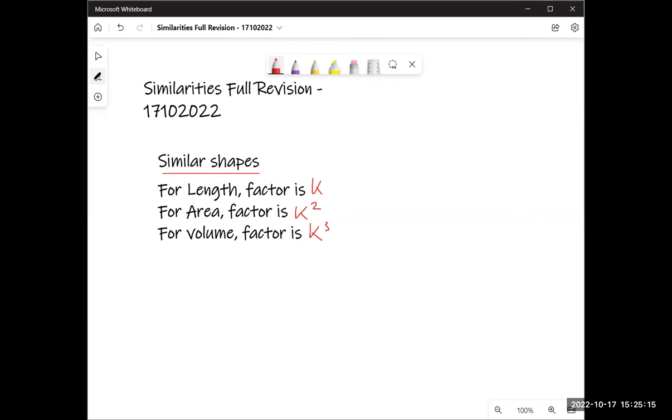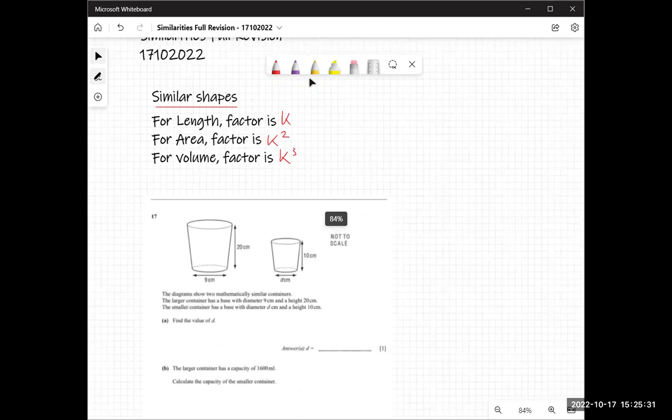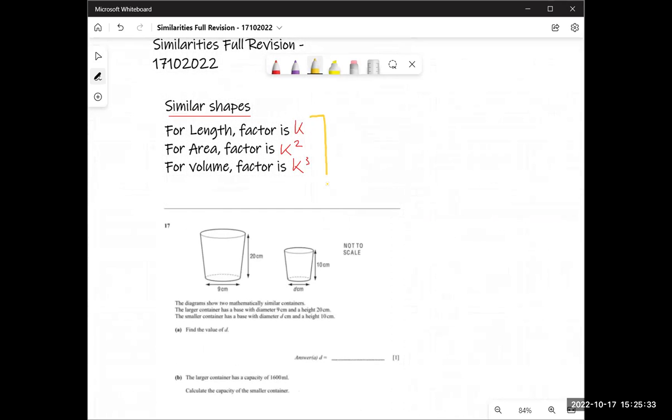Okay, let's start with the question. Tell me when you're done writing. Write today's date, Zara, and the name of the class. This is the first question. Now, Safa, have you written this?